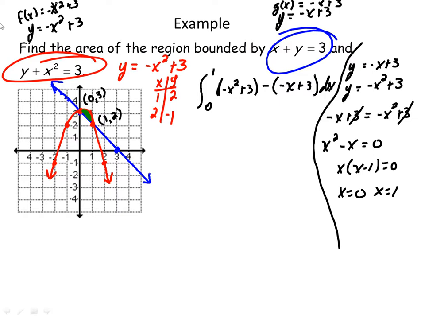Now, since this is an R sub x region, since we chose our boundaries off of the x axis, you don't want anything over here except x variables. So what you're going to have to do is take this equation and solve it for y. You want y equals, and you want your x variables. So in here you have your x variables and your constant. Same thing for this one. Your bottom graph is going to be the line.